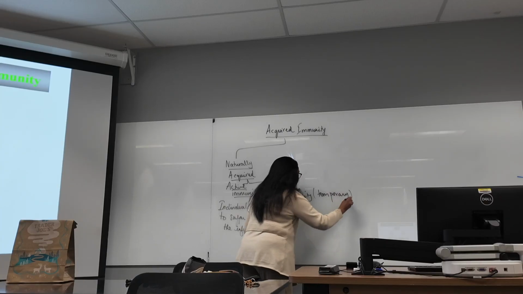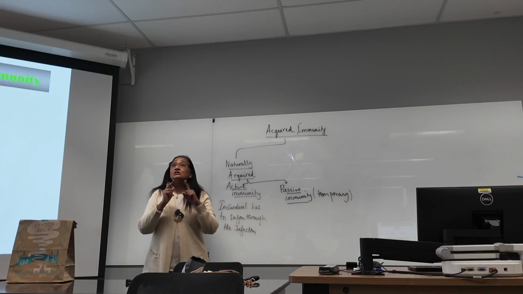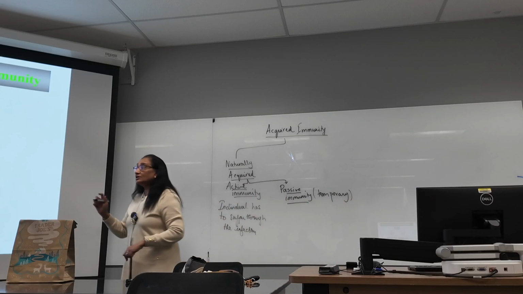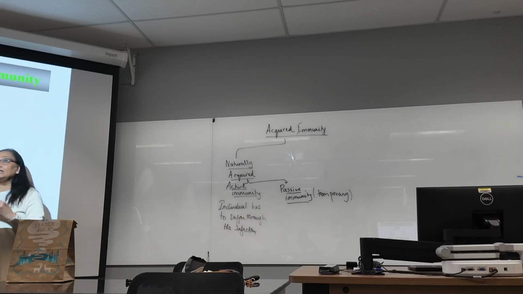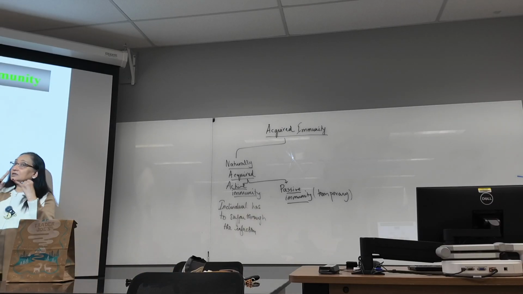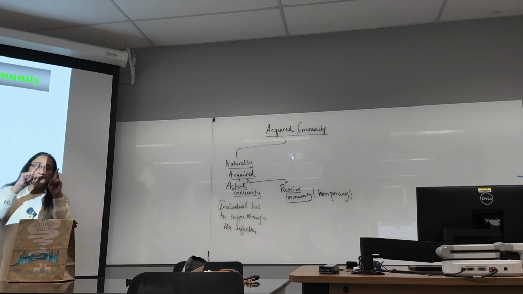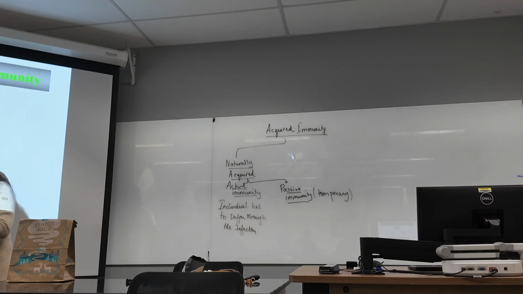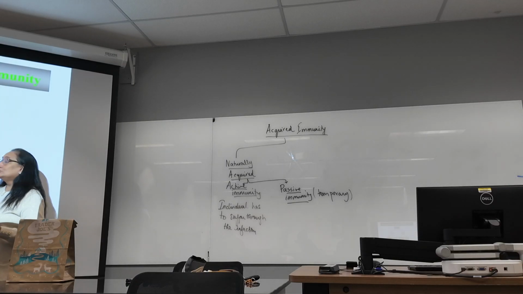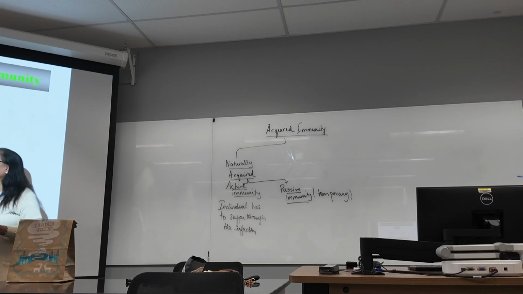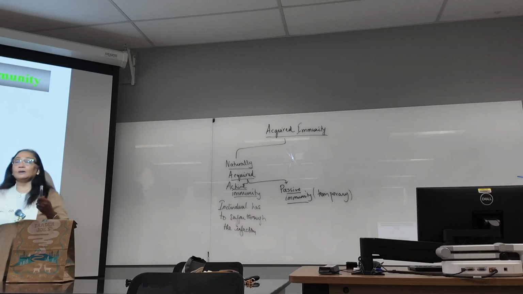So, what is passive immunity? Passage of antibodies or transfer of antibodies. An example of that would be transfer of antibodies from the mother to the fetus when she is pregnant, or transfer of antibodies from the mother to the newborn child through breast milk. Newborn children are not going to have acquired immunity because they haven't been exposed to any pathogens.